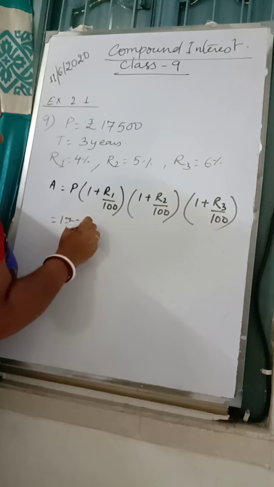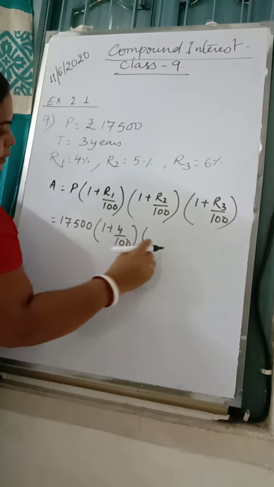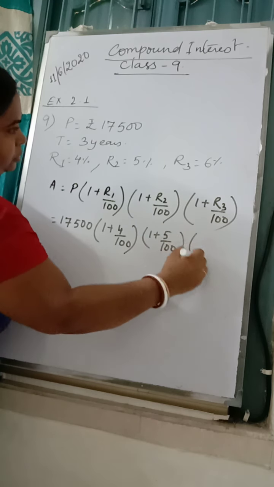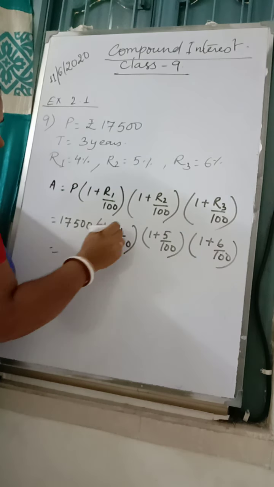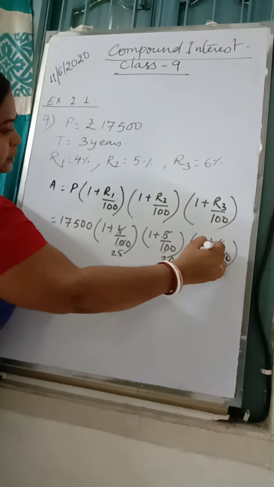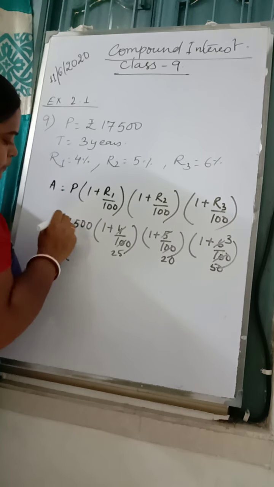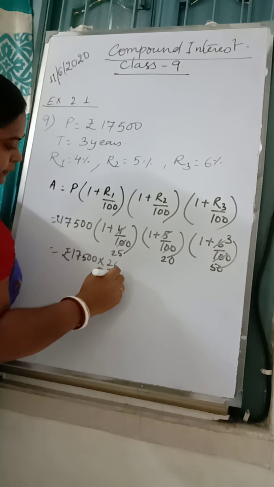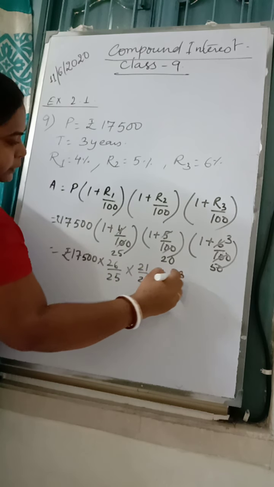Principal is 17,500 into (1 plus 4 by 100) into (1 plus 5 by 100) into (1 plus 6 by 100), or it gives you rupees 17,500 into 26 by 25 into 21 by 20 into 53 by 50.